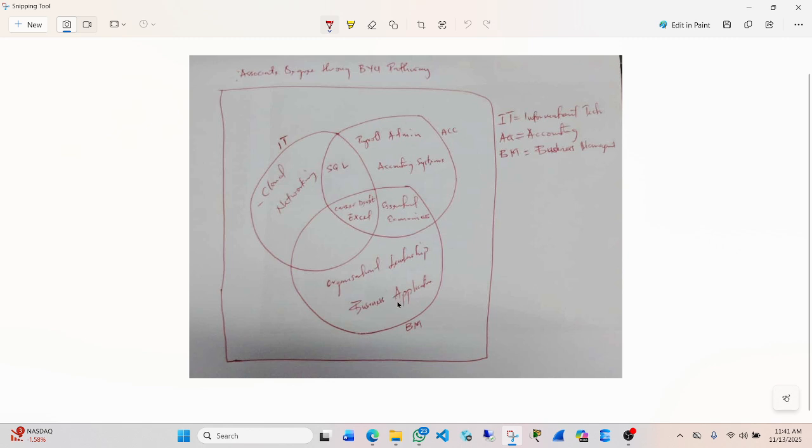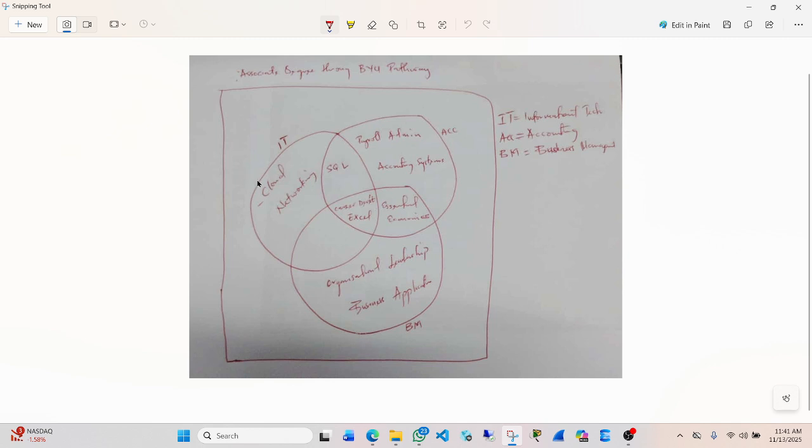For inner join, I'm going to include all three essential areas, which are career development and Excel. Number five is left join.